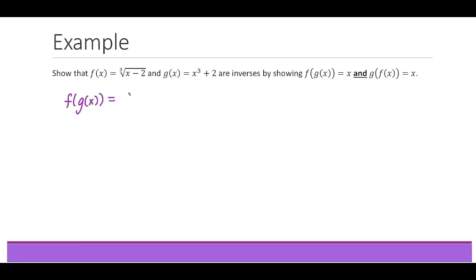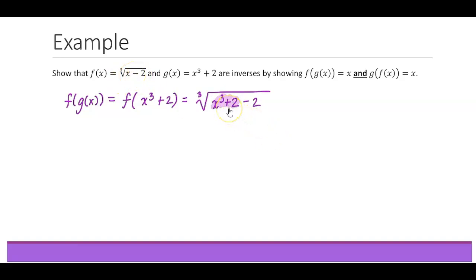We're going to perform the composition f of the quantity x cubed plus 2, which means that x cubed plus 2 is going to replace the x in the f of x function. So we're going to end up with the cube root of the quantity x cubed plus 2 and then minus 2. So we substituted in x cubed plus 2 in for x.